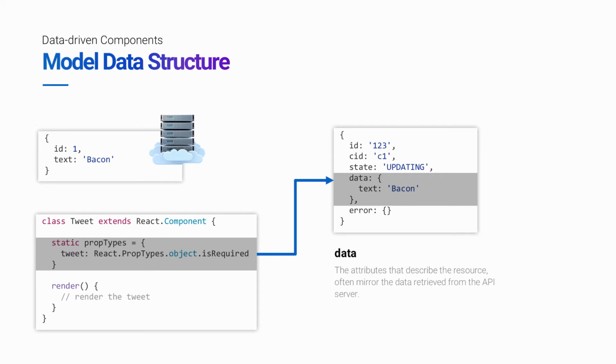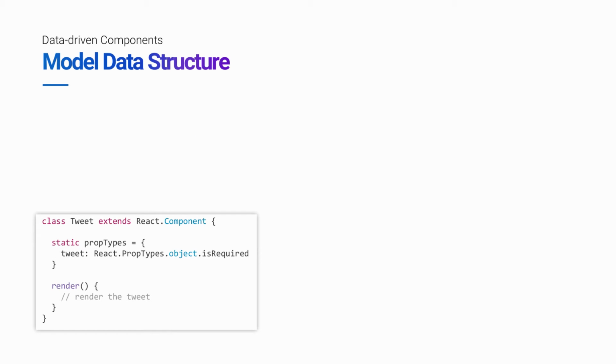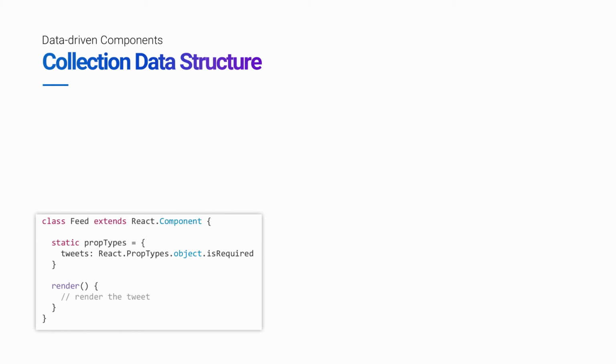The data structure is where the data from the server is put exactly as it is. And then the error structure, if there happened to be an error updating, for example, then whatever error information the server returns would be put in this field. So you could easily check if there was an error updating and then reference this field to see exactly what the error was.